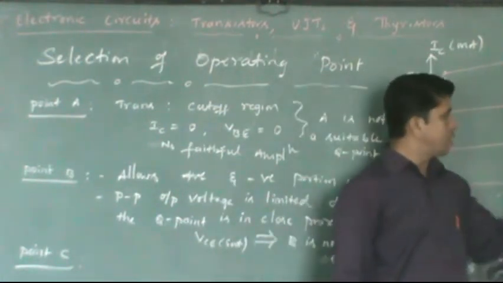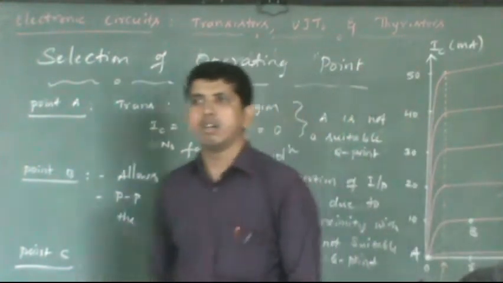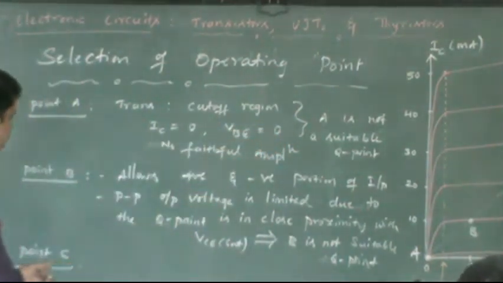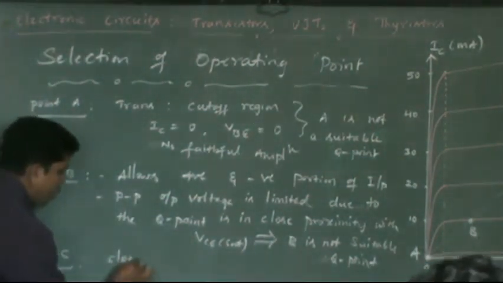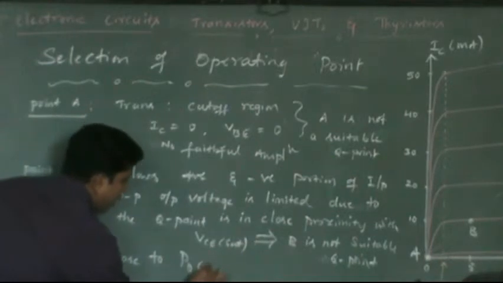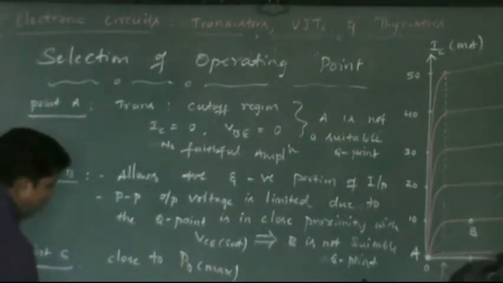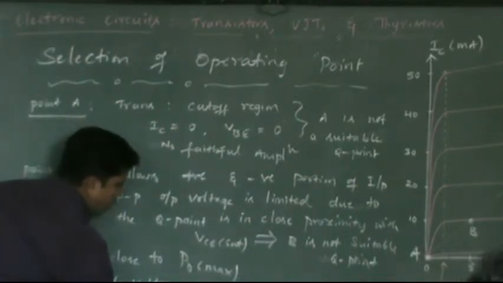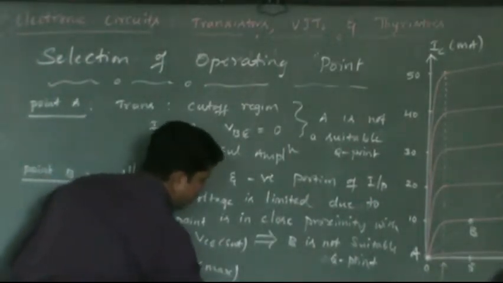Because this is close to the PD max curve, some portion of positive signals may be clipped off when you choose C as an operating point. You can mention it in point C. First of all, it is close to PD max, and the output voltage swing is reduced.